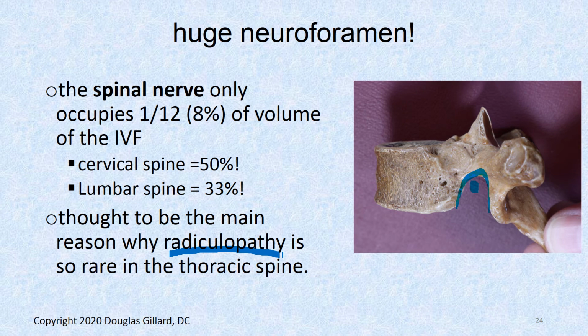It would be a pain corresponding to the dermatomes. So it would be a pain wrapping around in a horizontal plane, around the lateral chest wall right into the front. So it would follow those intercostal nerve patterns. It wouldn't be going down the arm or leg if a problem was in the thoracic spine.